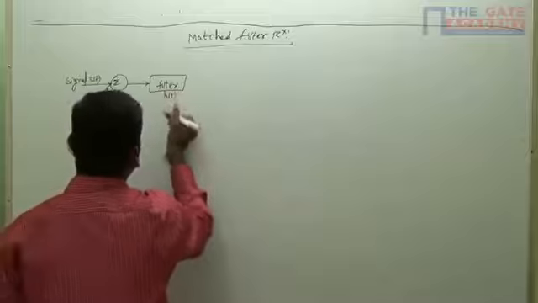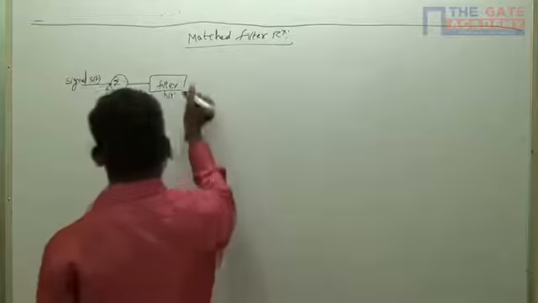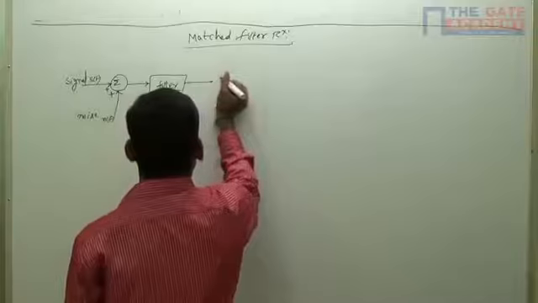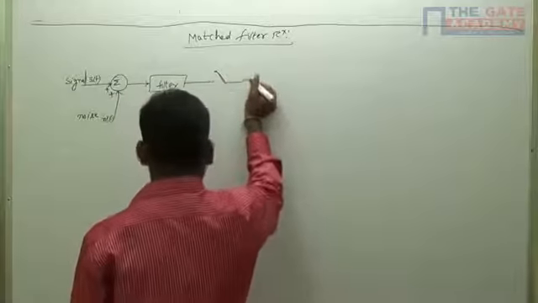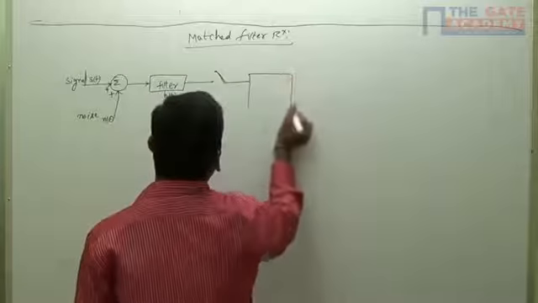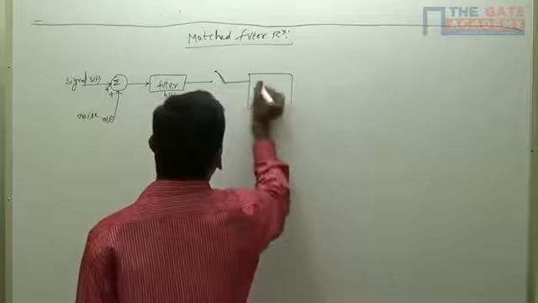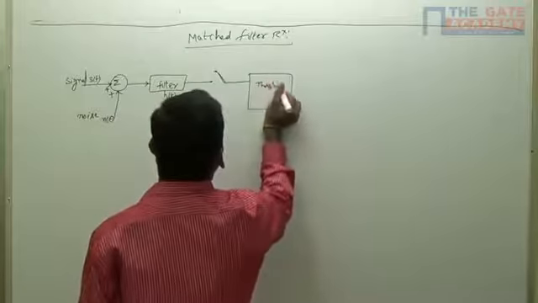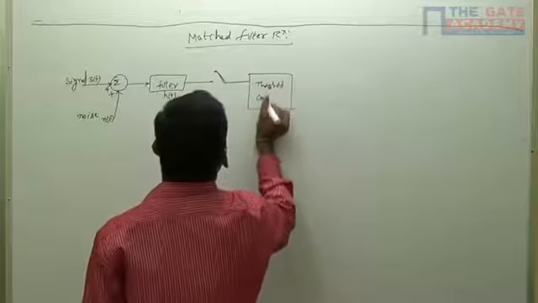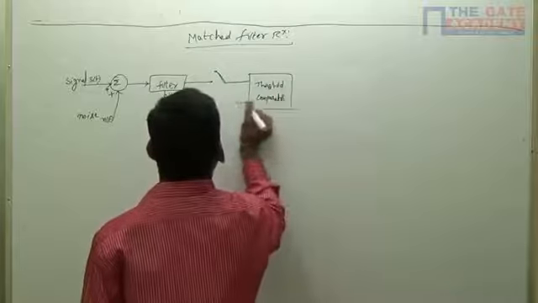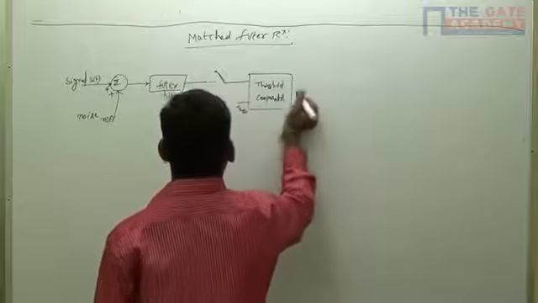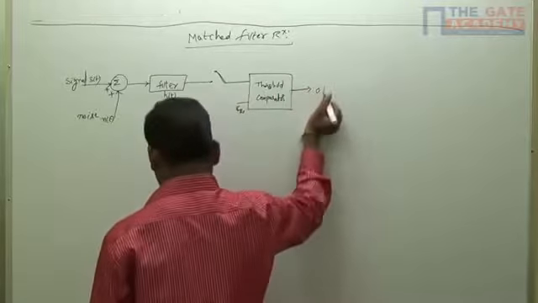After this filter, one switch will be there. Next, we give this to a threshold comparator, whose other input is VTH, and this is the output.